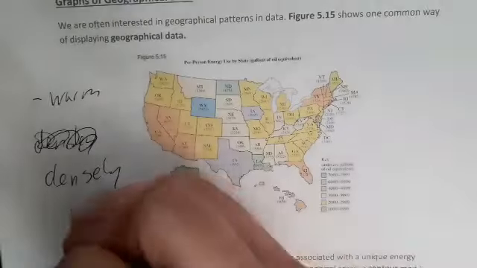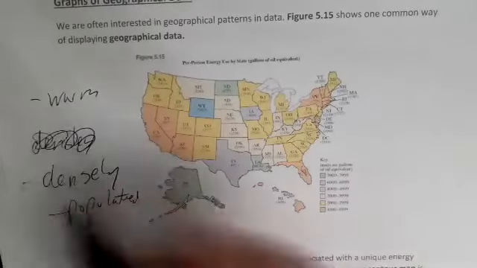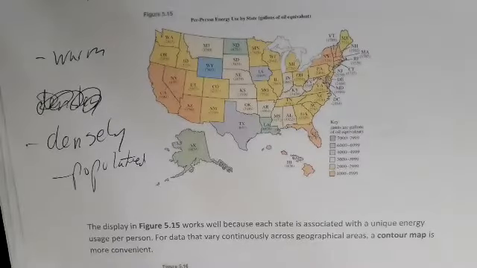D-E-N-S-E-L-Y, densely populated is what they say. They are either warmer or they are densely populated, which tends to make sense. Usually you spend a lot of electricity, a lot of energy, to warm up your house during the winter. That's where a lot of the energy usage is coming from.